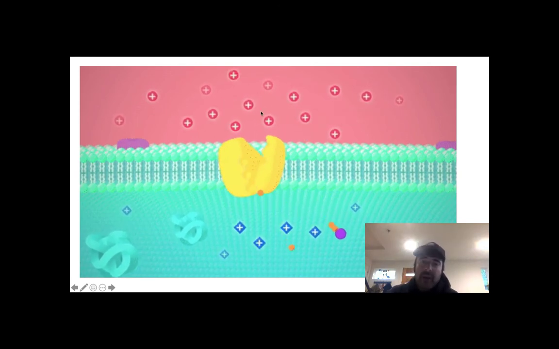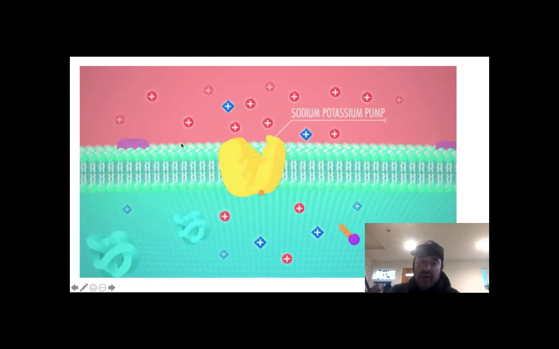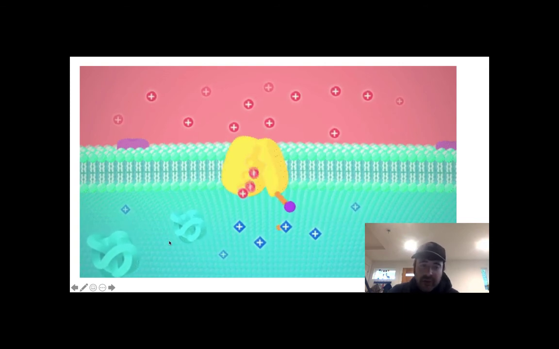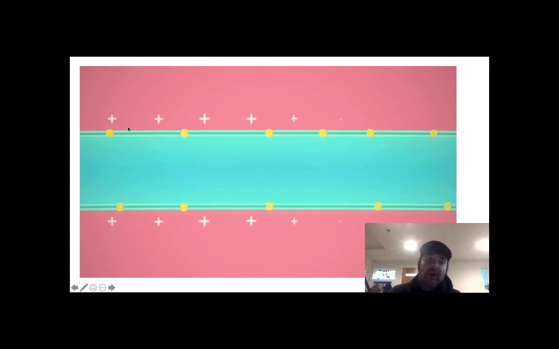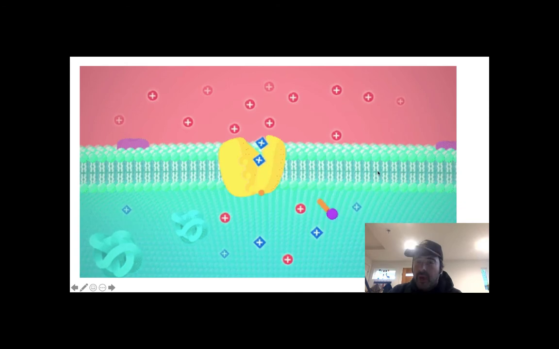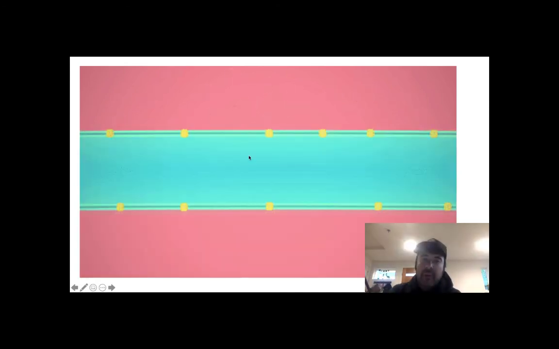What ends up happening is positively charged particles accumulate outside the cell, and negatively charged particles, like these negatively charged proteins because of those fixed negative charges, accumulate inside the cell. And that's how cells maintain what's called their resting membrane potential. It plays a role in the maintenance of their resting membrane potential.